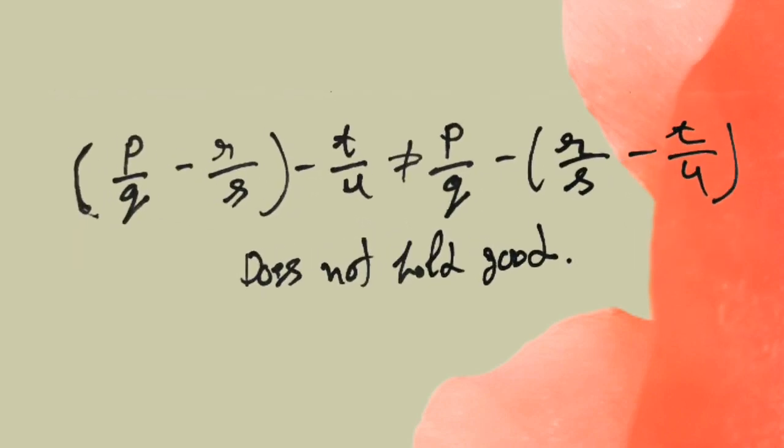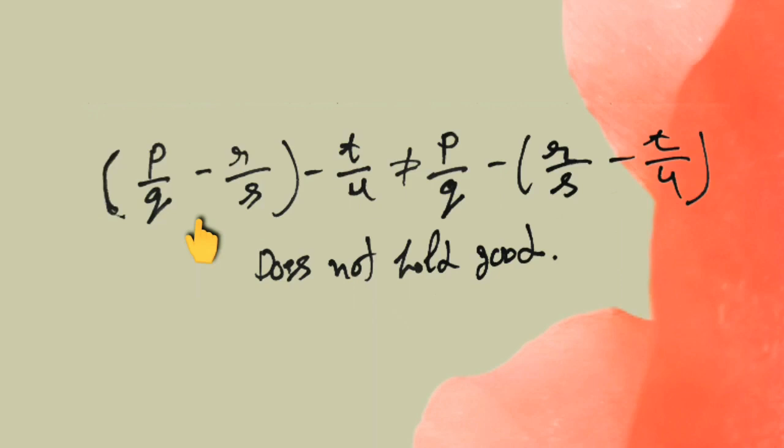P upon Q minus R upon S, in brackets, minus T upon U, the third rational number, is not equal to P upon Q minus, in brackets, R upon S minus T upon U. If there are three rational numbers and you subtract the first two and then the third, and you compare that with solving the second and third first and then subtracting that from the first number, then my dears, your answer will not match, because this property doesn't hold good for subtraction of rational numbers.